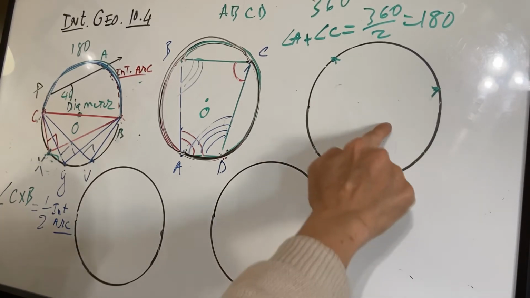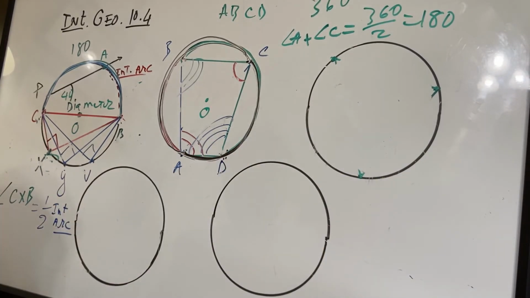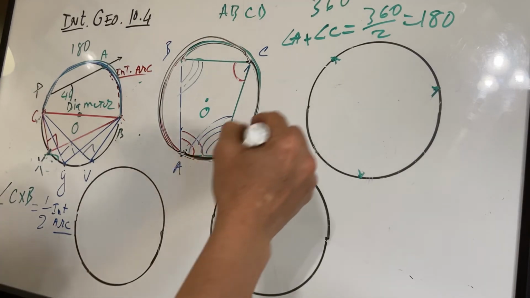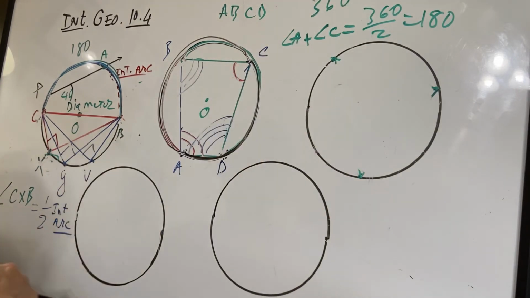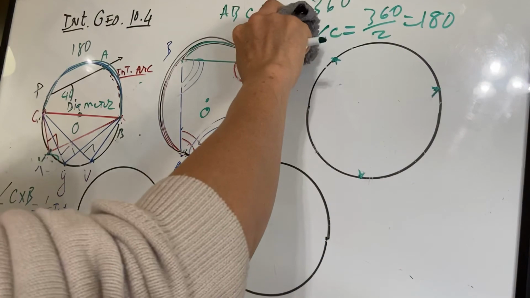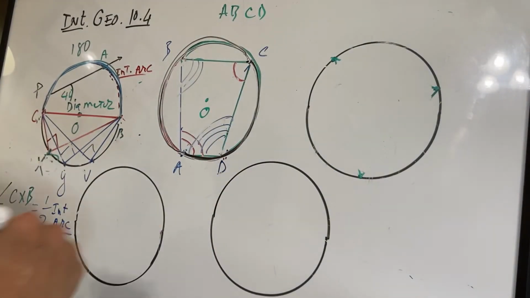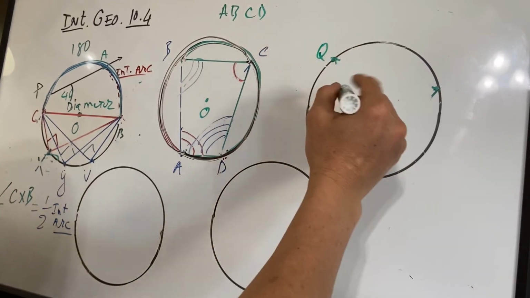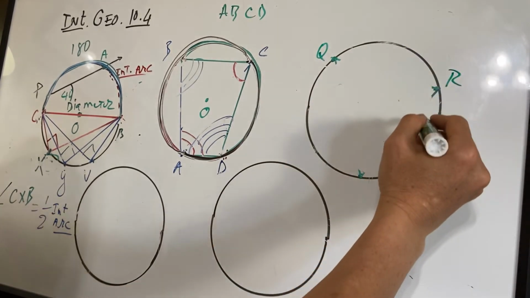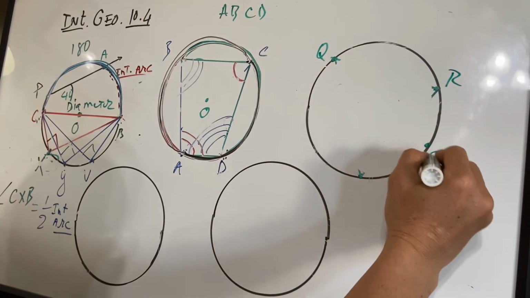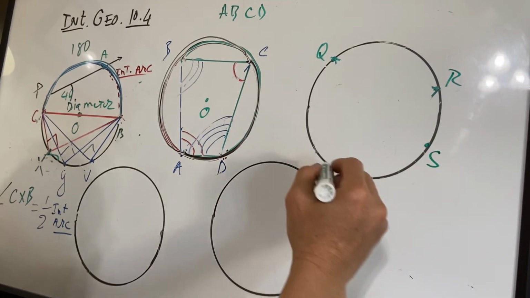Okay, here we go. Example 5, you will now have a quadrilateral. You have Q right here, and you have R right here. You have S right here, and what else do you have? You have P right here.